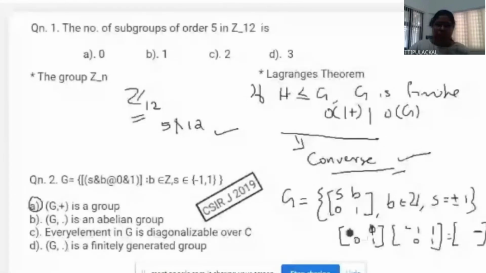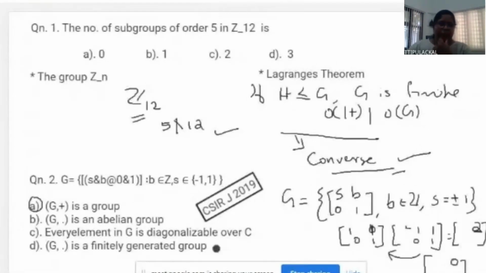The 1-2 entry of A into B will be 1 into 1 plus 1 into 1, that is 2. Now if we multiply in the reverse order, B into A, what is B into A? When you multiply B into A, the 1-2 entry is minus 1 into 1 plus 1 into 1, that is 0. So these two are not equal. So this is not an abelian group.